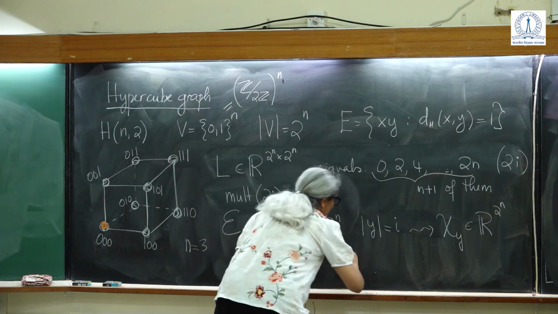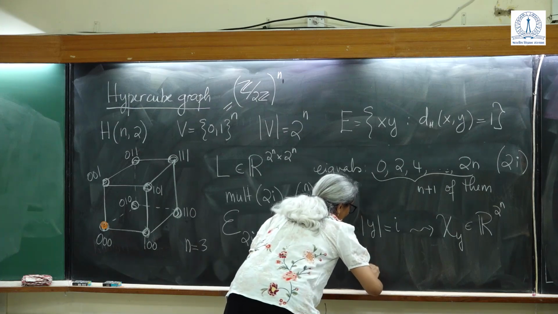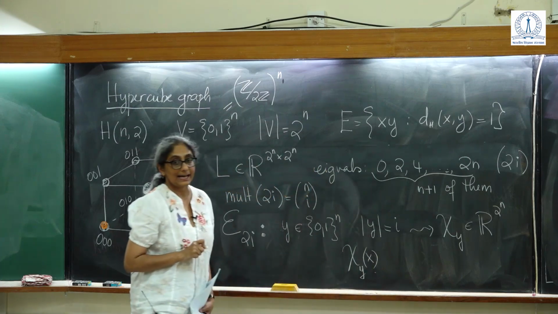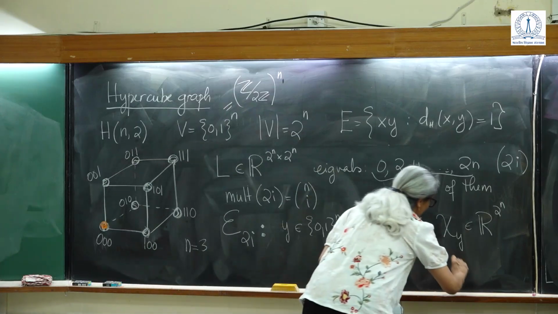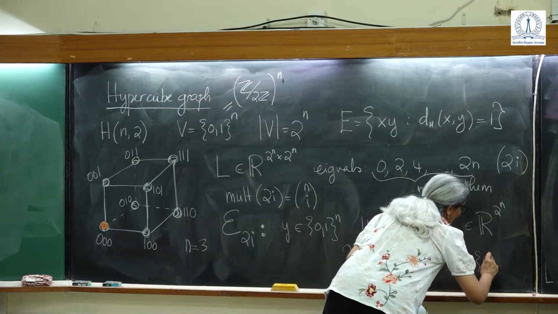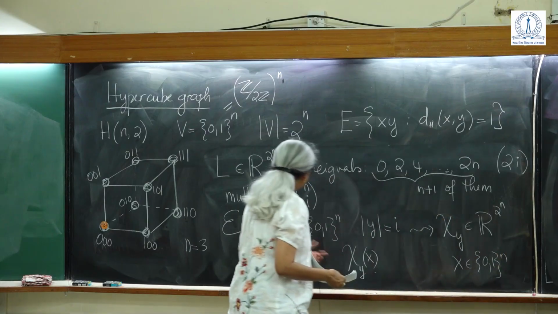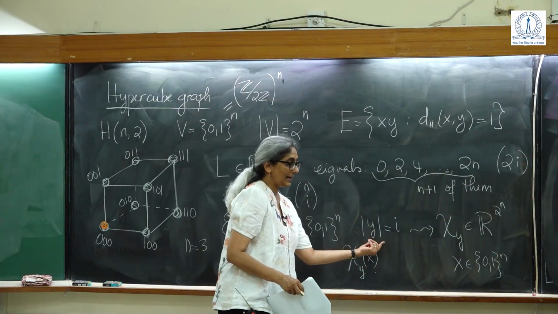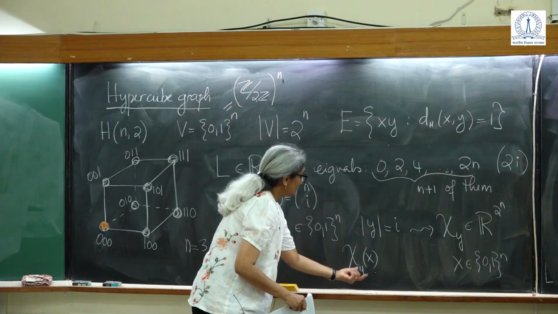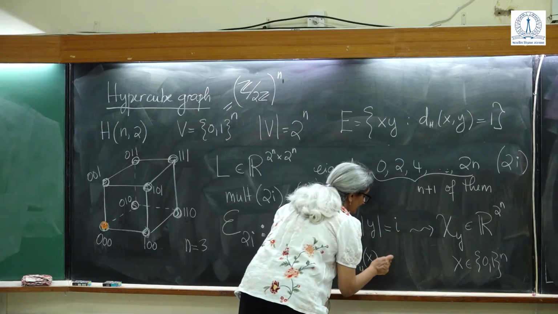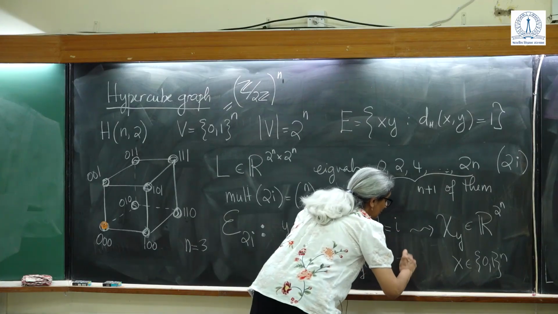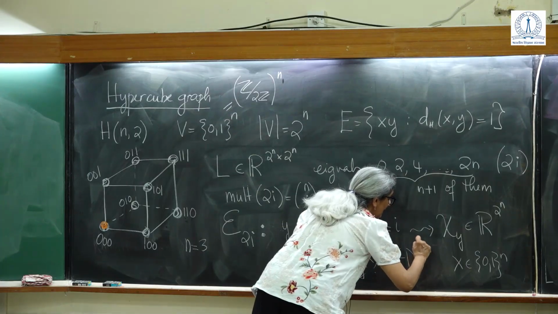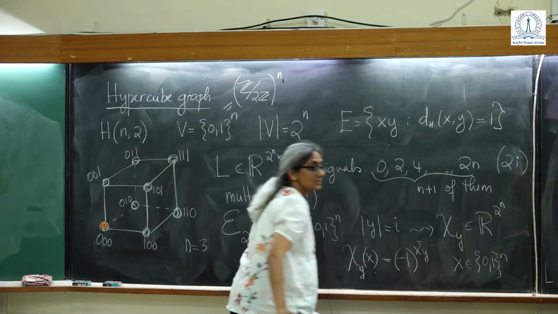So the formula is that chi y, if you look at what happens to it in coordinate x, where x is a 0-1 vector, and y is also a 0-1 vector, but I'm fixing the y of Hamming weight i, this value is defined to be minus 1 to the x transpose y.